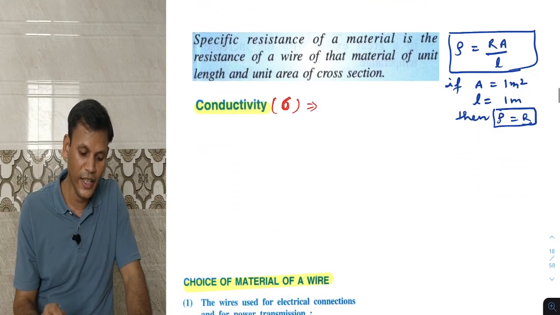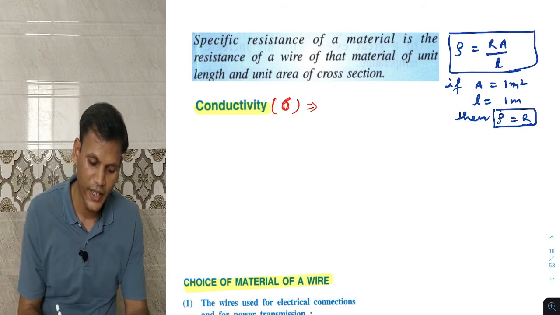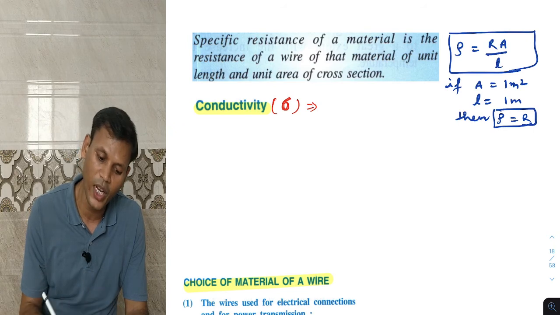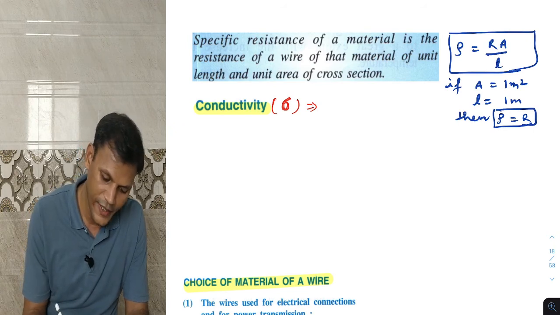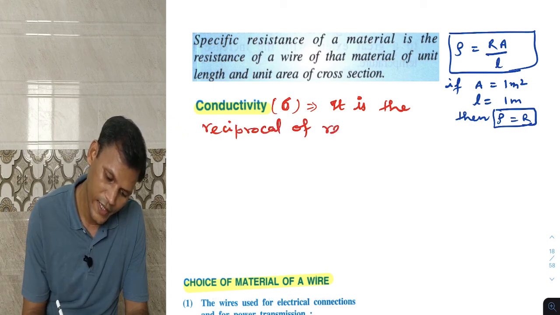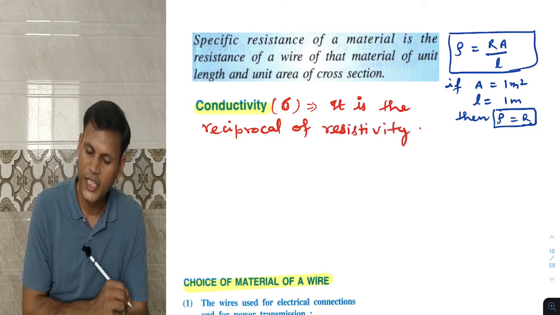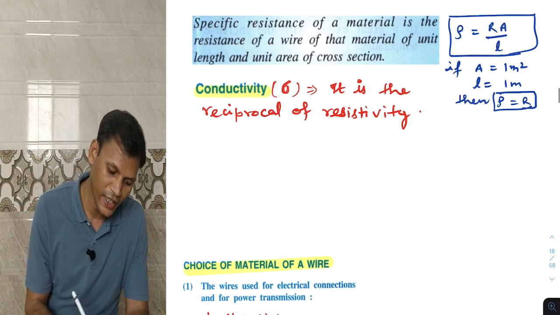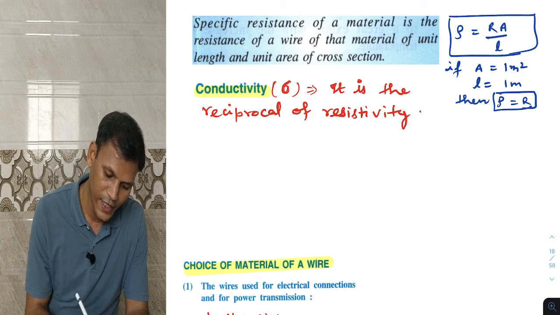Now the next part is conductivity. What is conductivity? Conductivity is defined as the reciprocal of resistivity. Reciprocal of resistivity is called conductivity. Conductivity is represented by sigma.